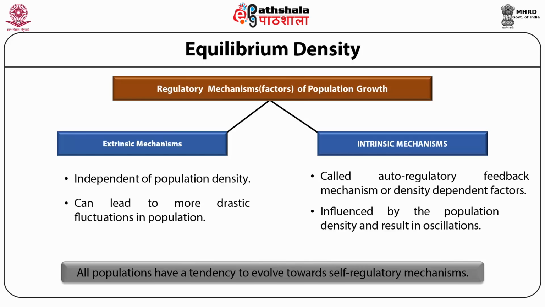Intrinsic mechanisms are also called autoregulatory feedback mechanisms or density dependent factors as they are influenced by the population density. These factors result in oscillations in a population.